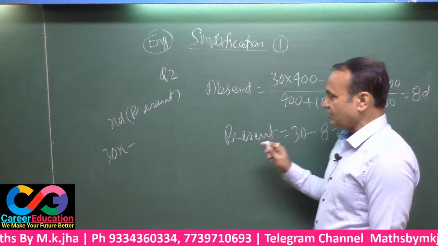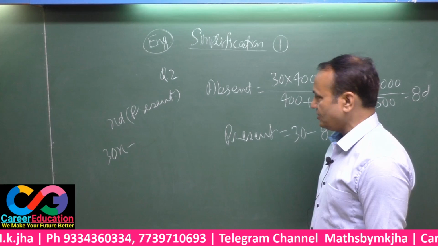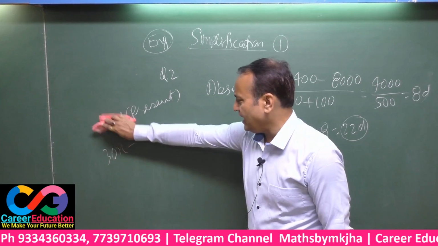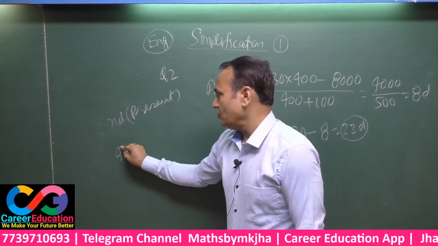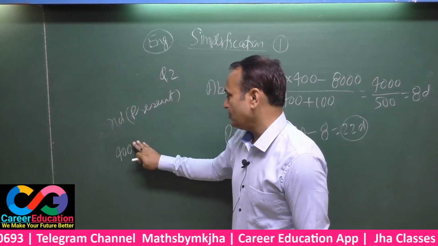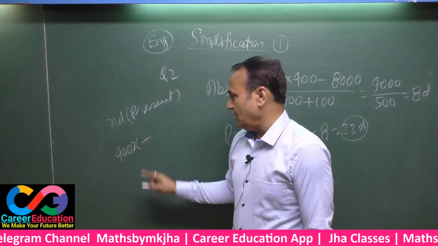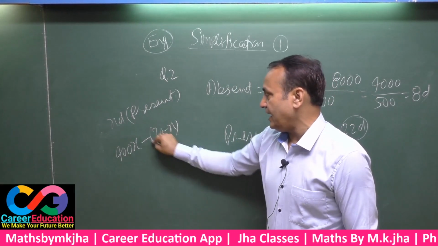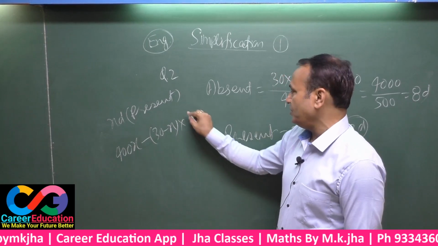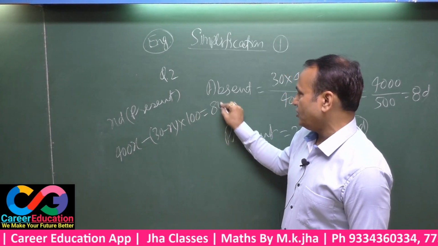For the 30 minus x days absent, 100 rupees was taken out for each, thus he got 8,000.